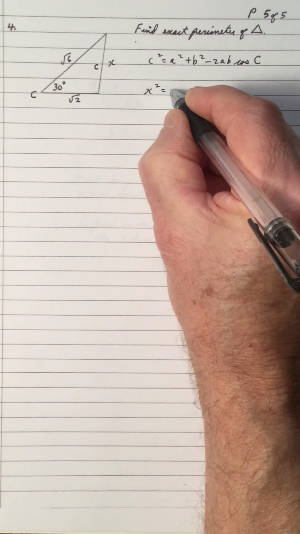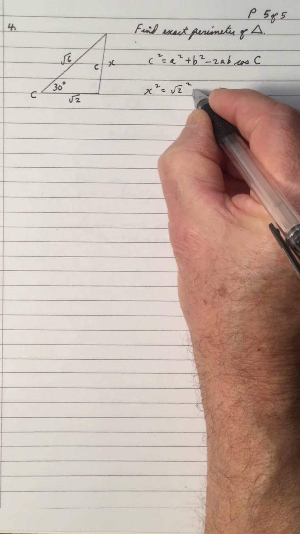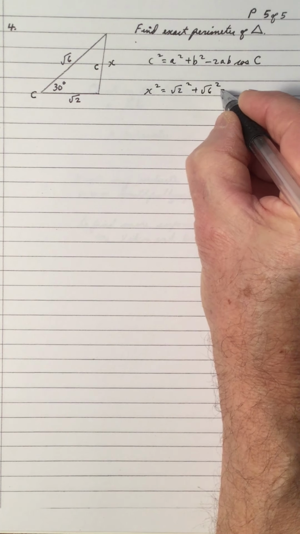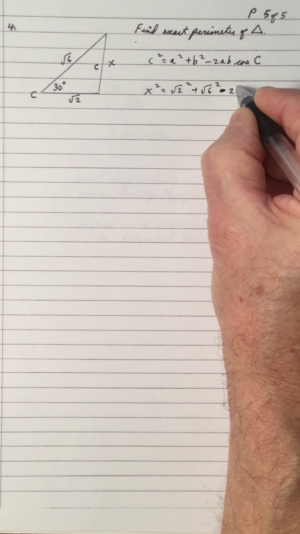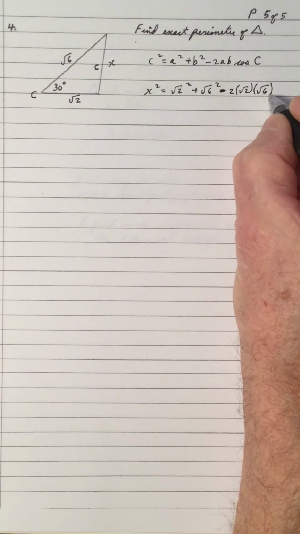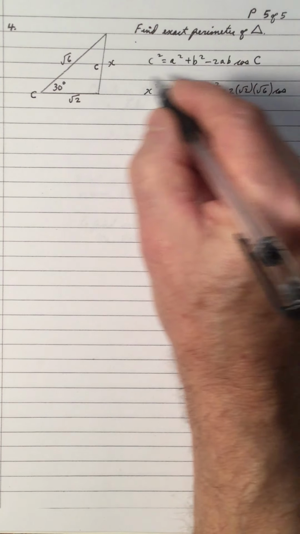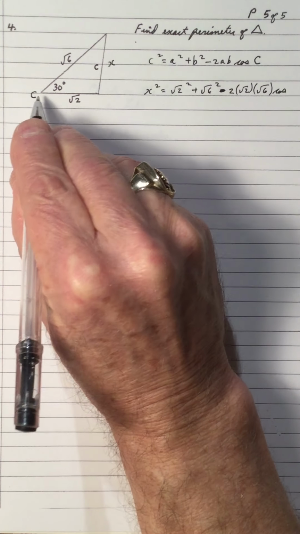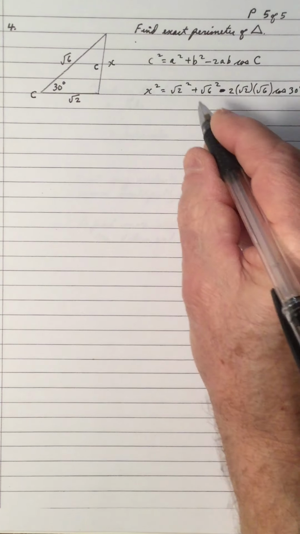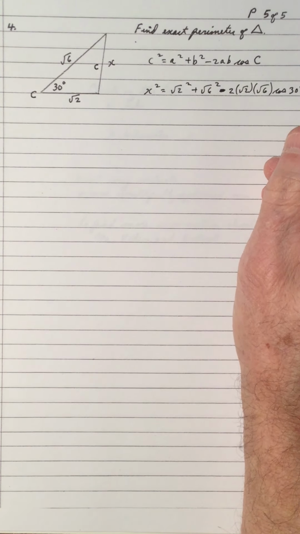A could be either one, root 2 squared. B could be root 6 squared, minus, A is root 2, B is root 6. And cos of the angle C is 30. Now I have to find the value of x.